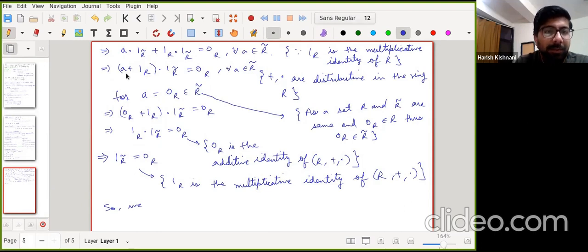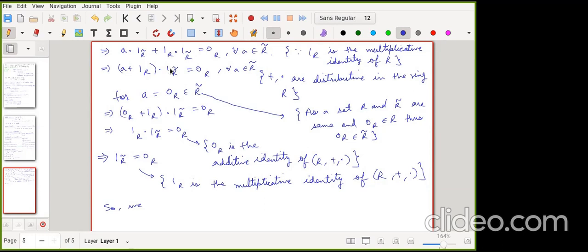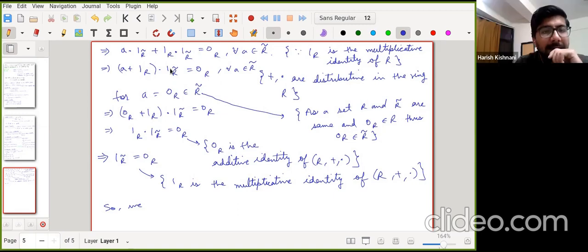So not just for minus of 1. So for minus of 1, maybe anything you put here will work. But the identity element is unique. The identity element is unique.